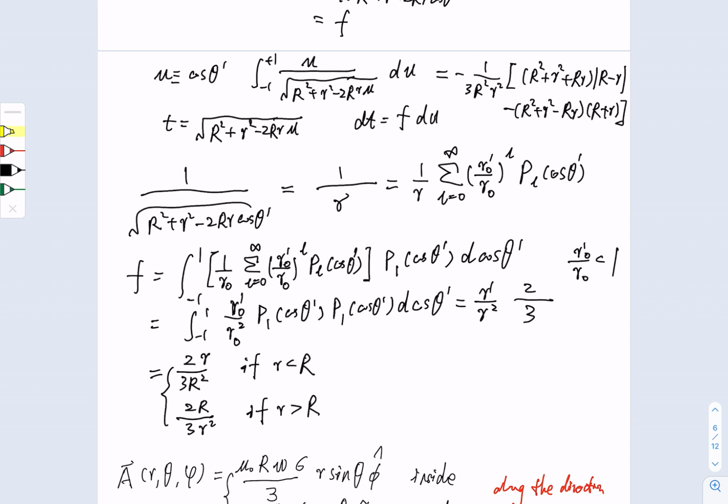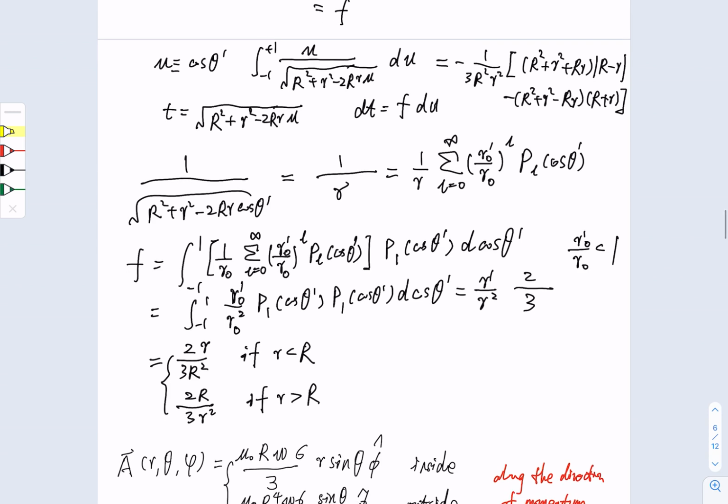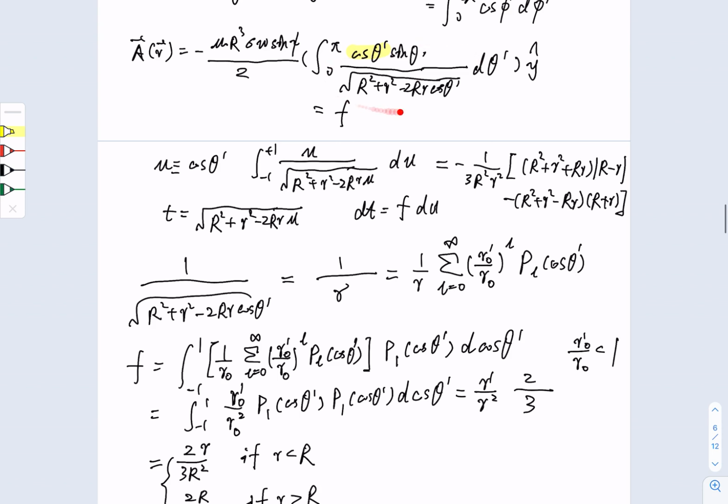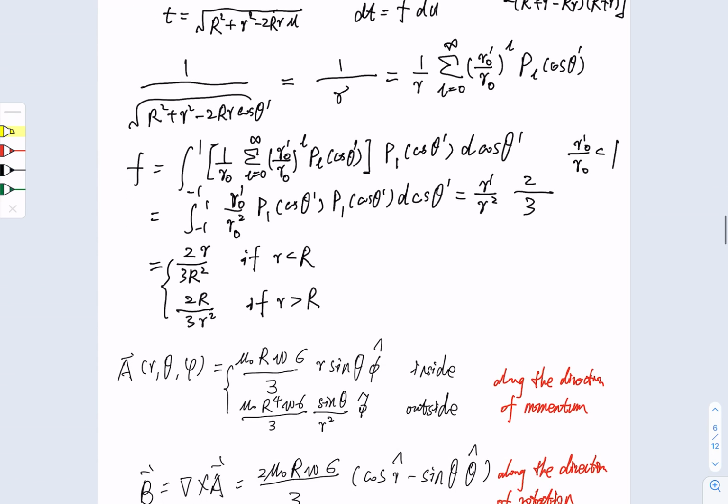If you carefully check the expression over here and over here, they are actually equivalent. Now from this expression, after we've done this integral, we can figure out the A field. So the A field, a vector field, will eventually be something like this.